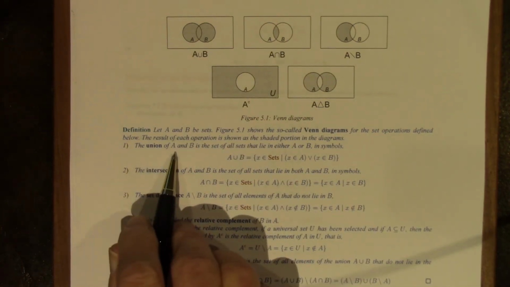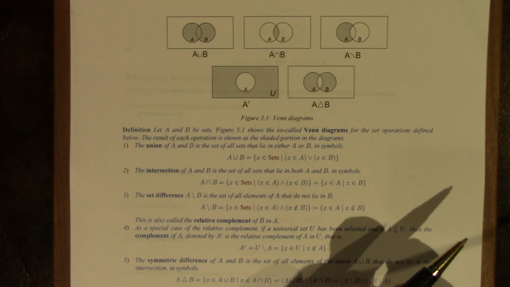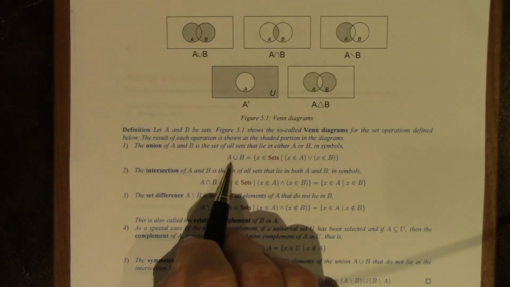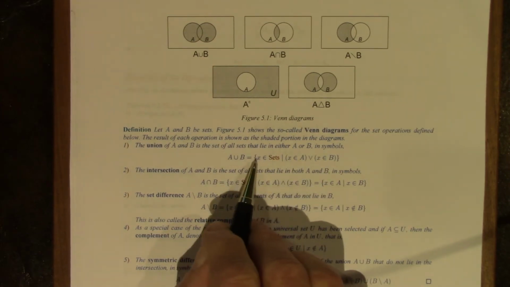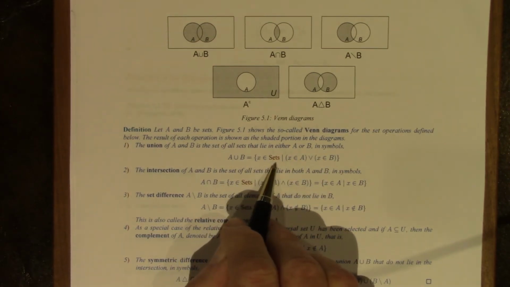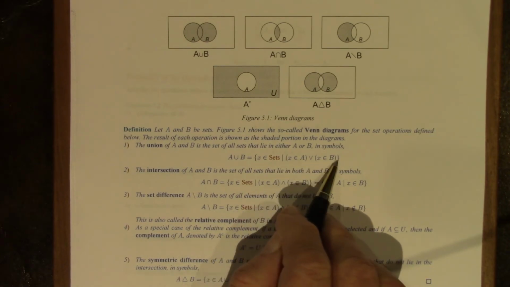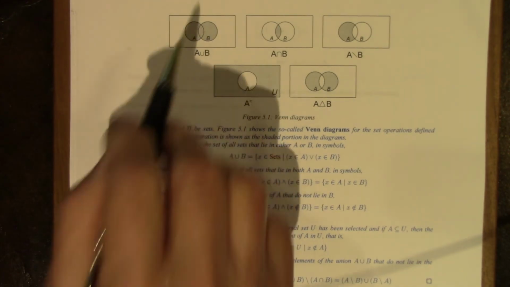So the union of the sets A and B is by definition the set of all elements that lie in either A or B. So formally it would look like this: the set of all X such that X is in A or X is in B. And that's the shaded region here.